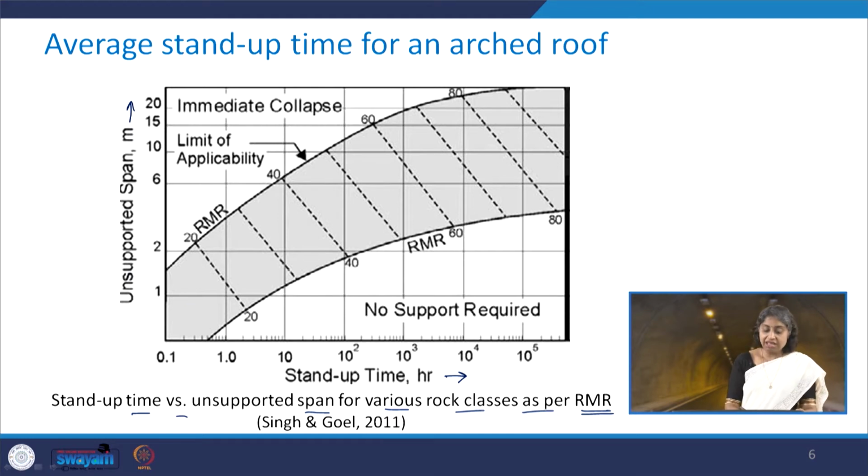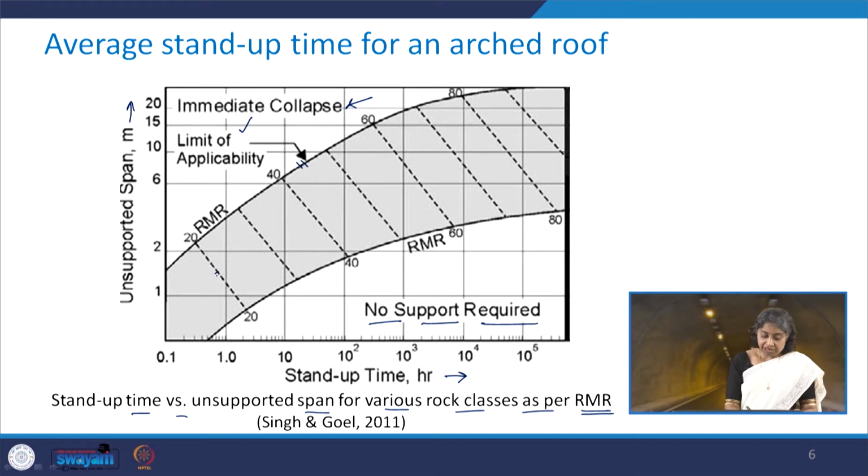You can see that there is a limit of applicability, shown by the upper portion of this shaded zone. Below this you have the zone where you don't need to provide any support system, and above this you have the situation of immediate collapse.